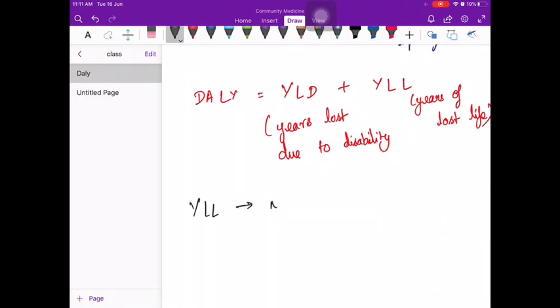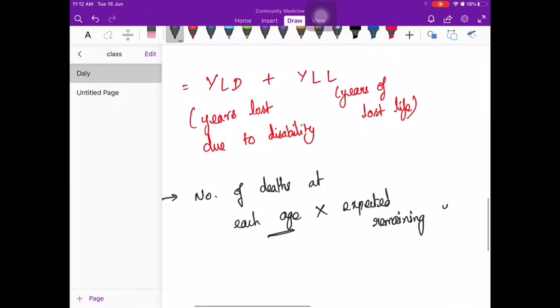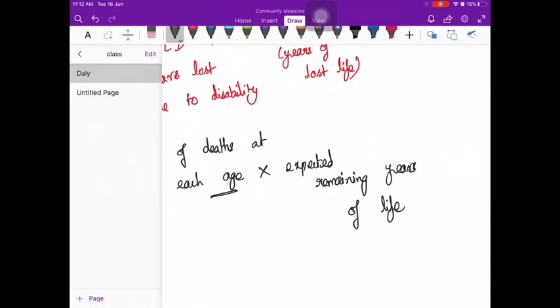YLL is calculated by number of deaths at each age multiplied by expected remaining years of life, and the expected remaining years of life is calculated from the years lost due to premature death from his life expectancy, and the life expectancy used here is the global standard life expectancy, which is the standard life expectancy of Japan, because Japan has the highest life expectancy among the world population.